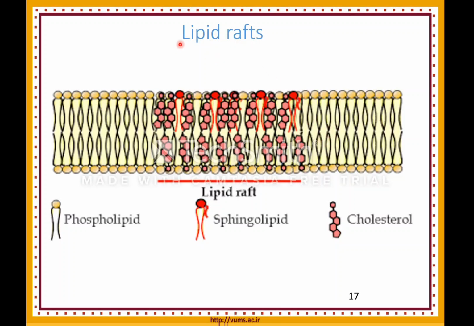In the lipid raft structures, which include a high concentration of cholesterol and also saturated fatty acids, these lipid rafts restrict the movement of some cell membrane proteins mostly involved in cell signaling. These structures are located in some parts of the cell membrane, or more in some cells that are more involved in signaling.